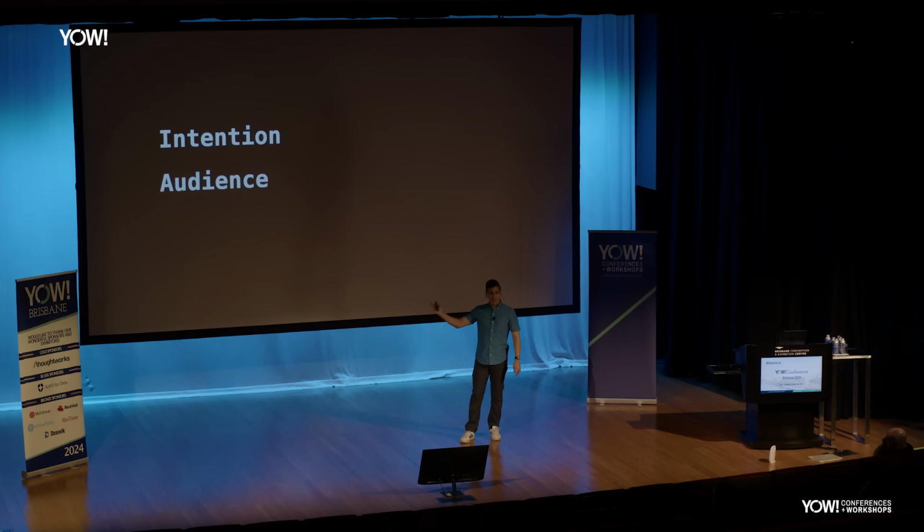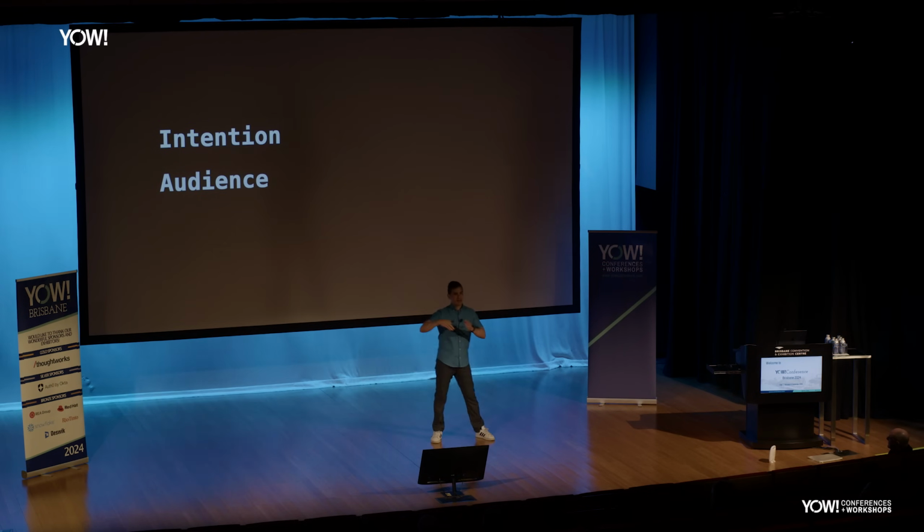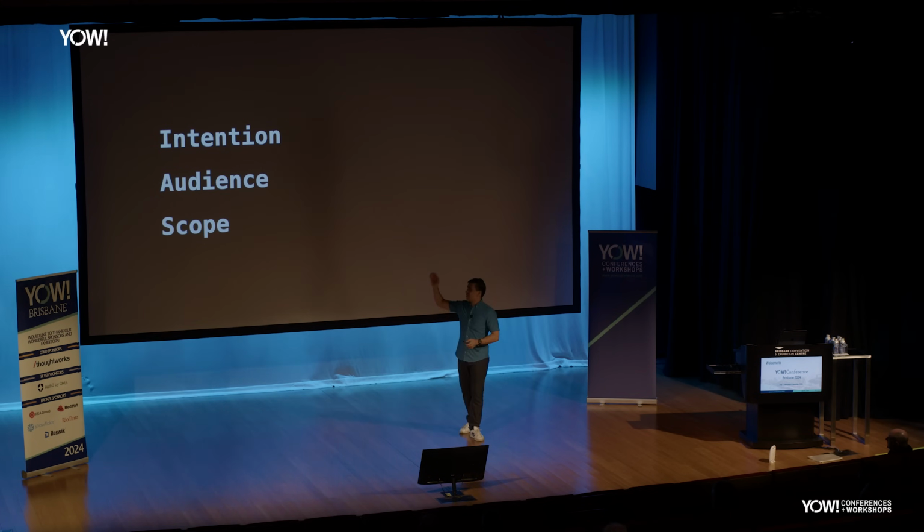And then that really depends on the audience. So your diagrams for developers might actually look very different than your diagrams for designers or project managers or other stakeholders, where they might be more simple or show things at a different level of abstraction. And so that's why, given the intention and audience, you also have to determine the scope of your diagram.